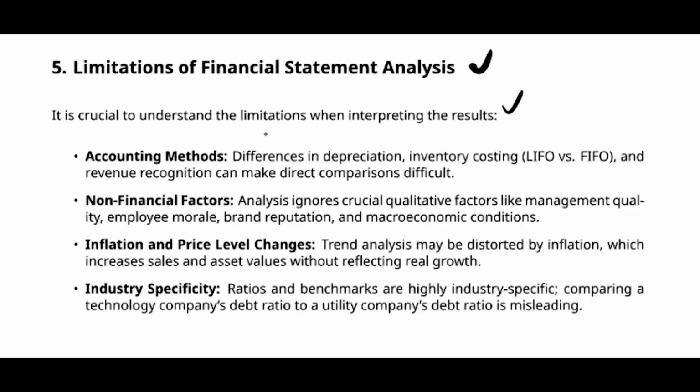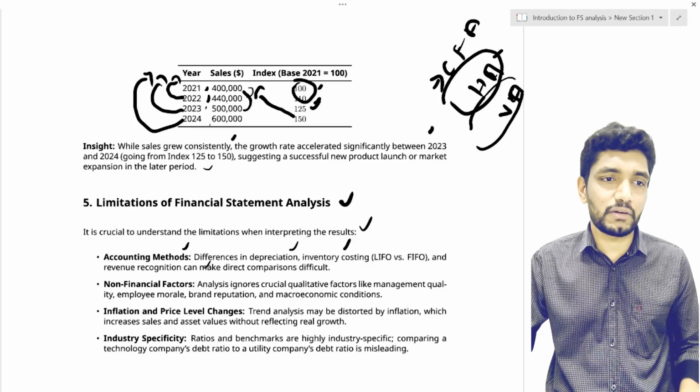So the first important limitation is accounting methods. As we know, there are different accounting methods, like in depreciation, inventory costing and revenue recognition. If you are comparing two companies which are using different accounting methods or accounting standards, it can make effective comparison of financial statements difficult.